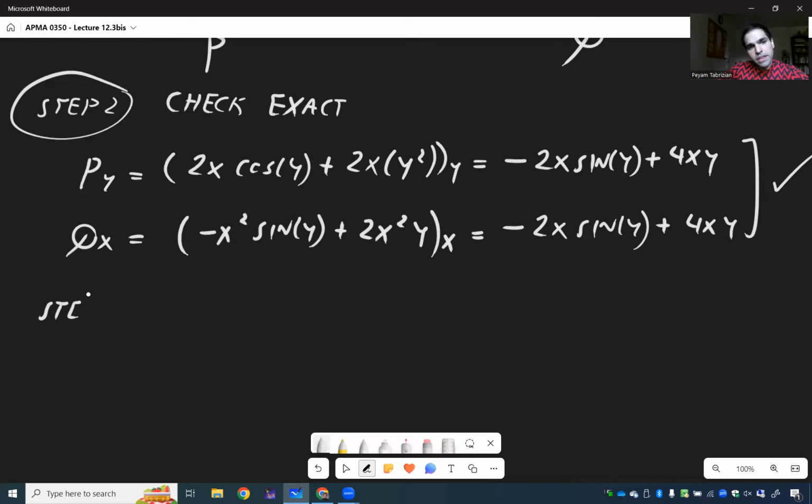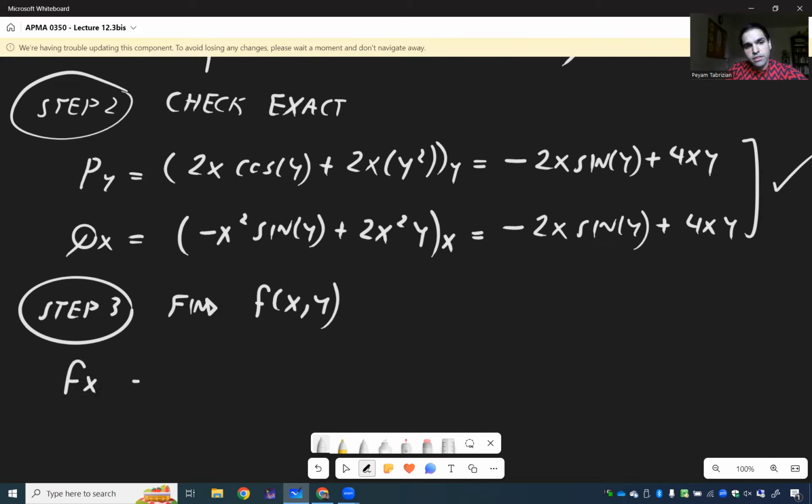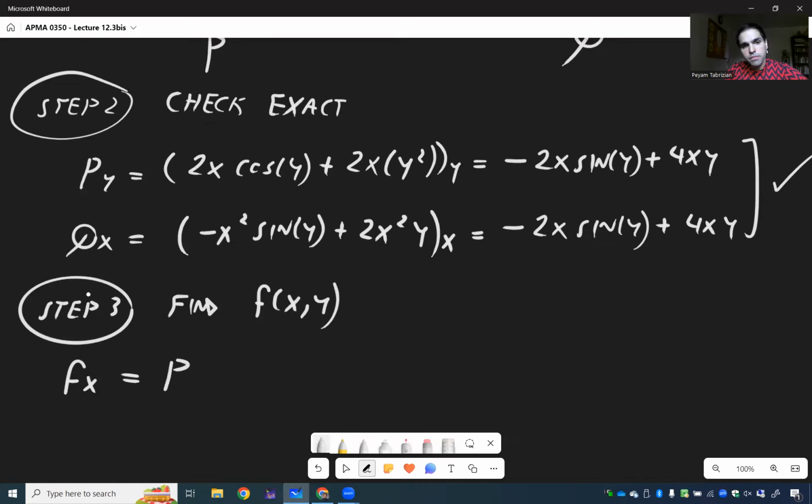And now the next step is to find our potential function, f of x, y. So what we have, f_x equals p. So f of x, y is the integral of p with respect to x. Now careful, don't use p_y. Don't use minus 2x sin y plus 4xy.